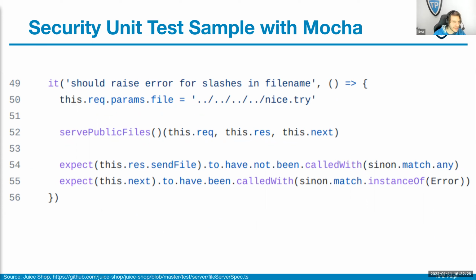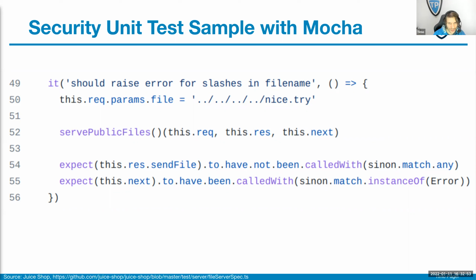So the next test here should raise an error for slashes in file name. So we have the case that someone is not only mentioning the file name itself, but also these slashes, so you can try to include files from another location. Then we have the same, we serve public file, we see what happens afterwards, and then we come to the expect. So what do we expect?